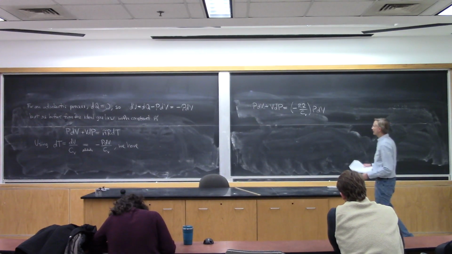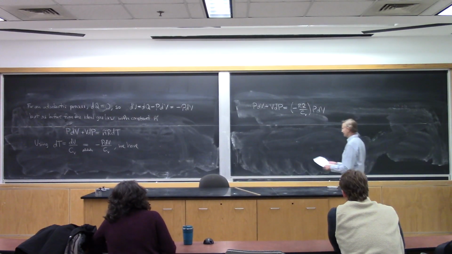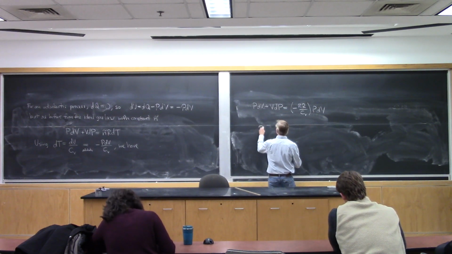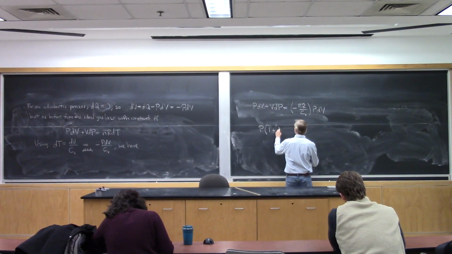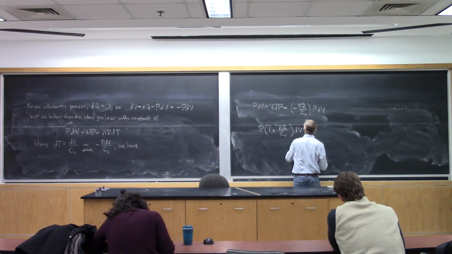Let's factor some stuff. All right. So this says that P times 1 plus n tilde R over Cv dV.